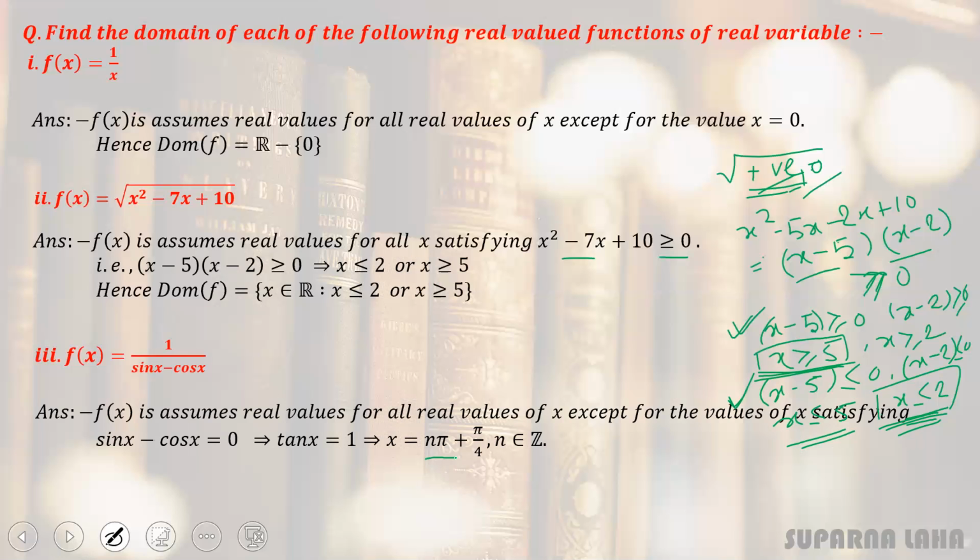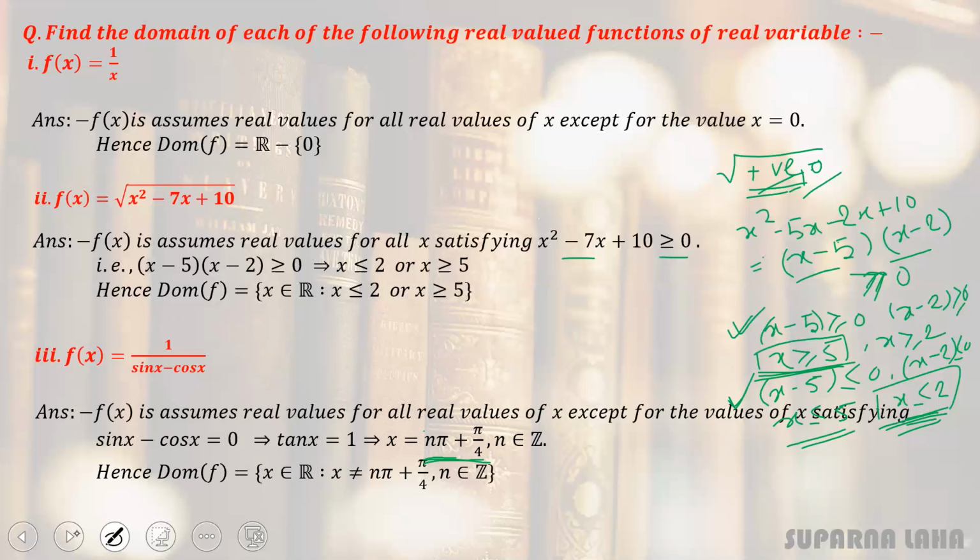Sin x minus cos x is 0. So ultimately we will find tan x is 1, and the general value for tan x equals to 1 is n pi plus pi by 4, where n belongs to the set of integers. So except these points, except this x, we can take all the values of x. Now what is the domain? Domain is the set of real numbers.